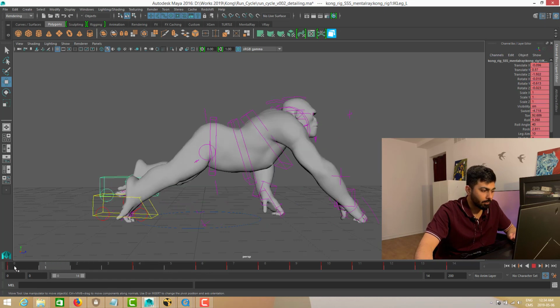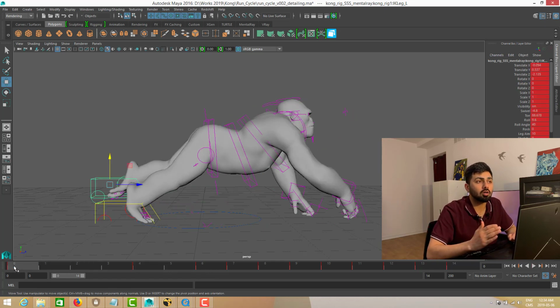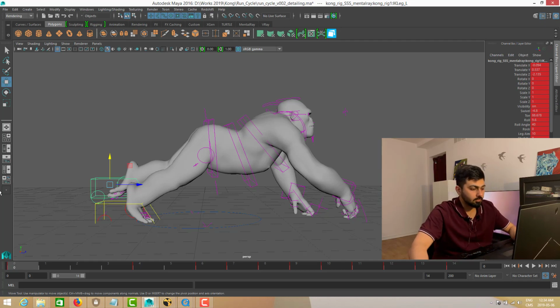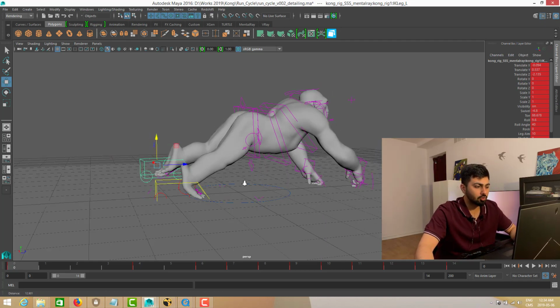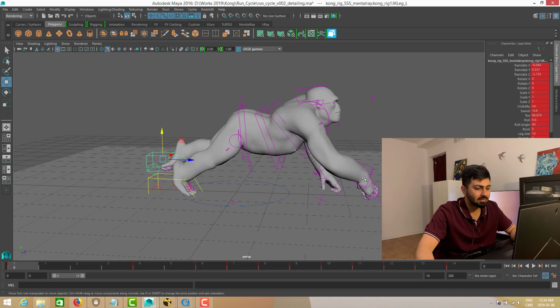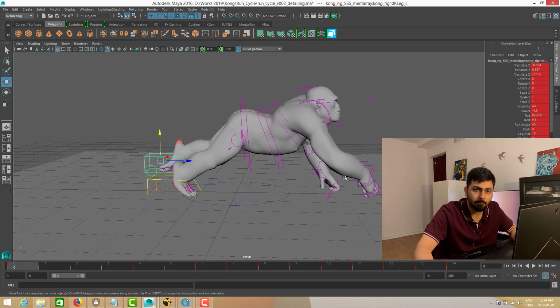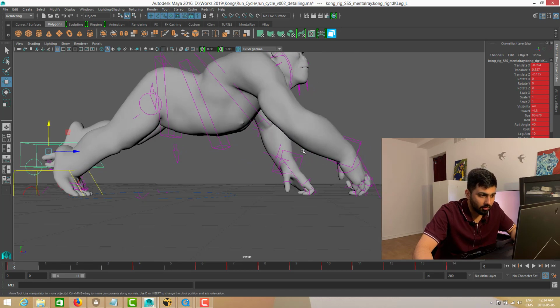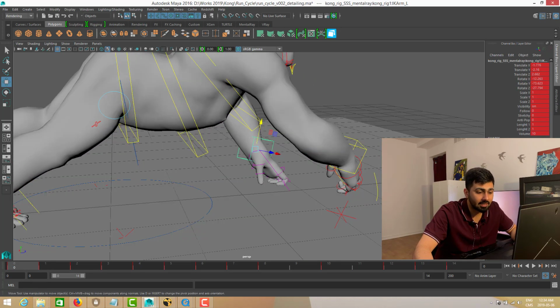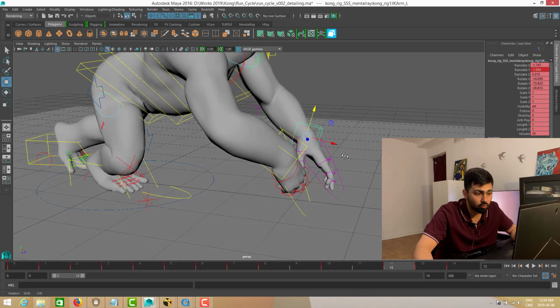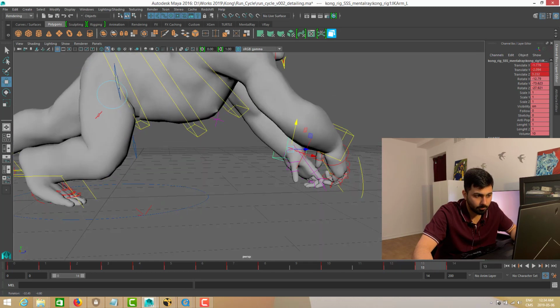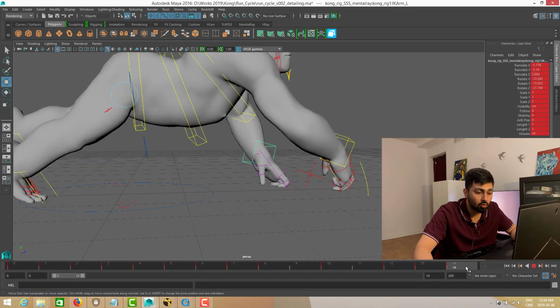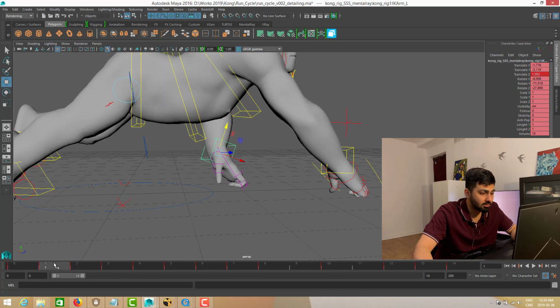So these 4 poses which I just talked about are really important. And now if I want to talk about the hands and feet separately, I can say that the left hand touches the ground on frame 13, and the right hand touches the ground on frame 1, which is 2 frames after.